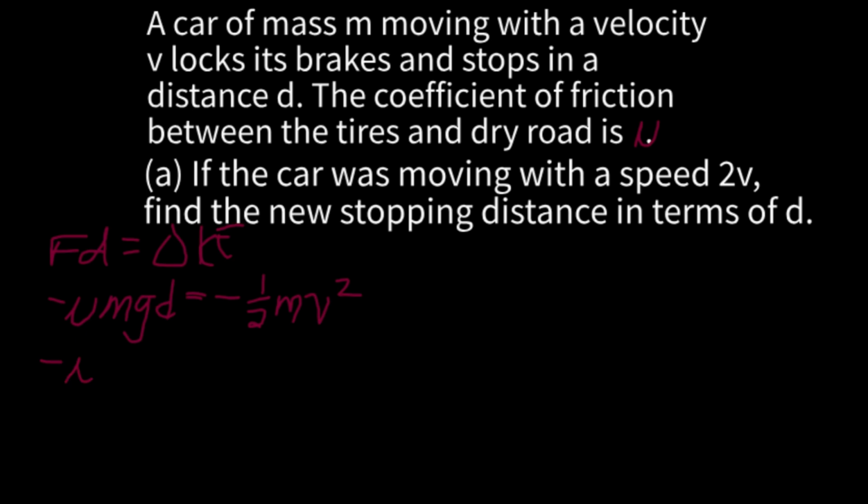So we'll have negative mu mgd, well, you could say our negatives turn into positives, equals 4 times 1/2 mv squared. So this will give us 4 times the stopping distance, because a regular v gave us a stopping distance of d. So 2v will give us a stopping distance of 4d.